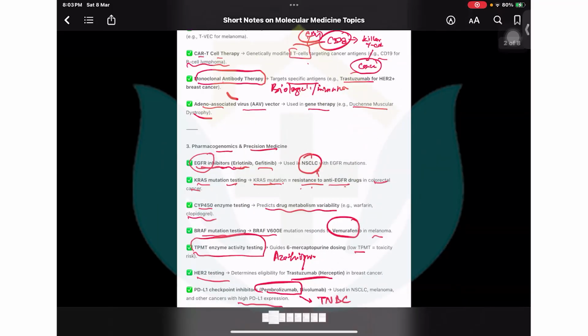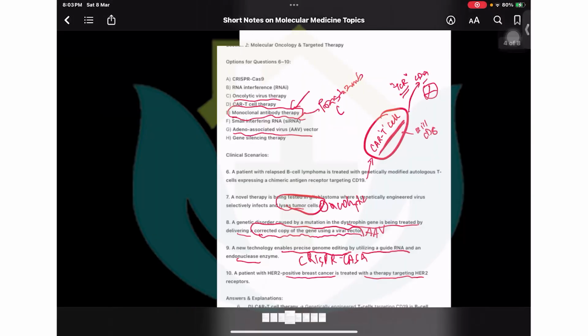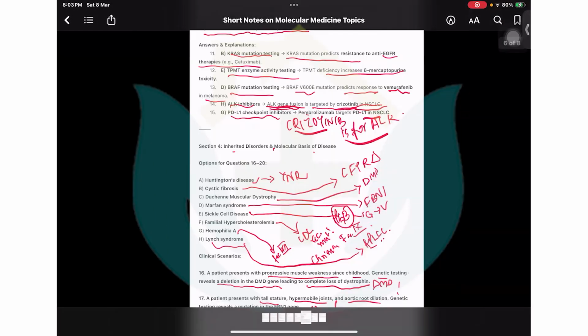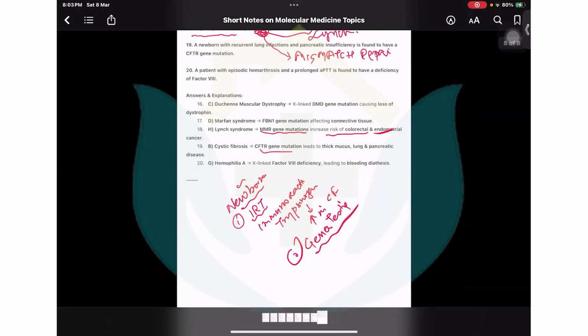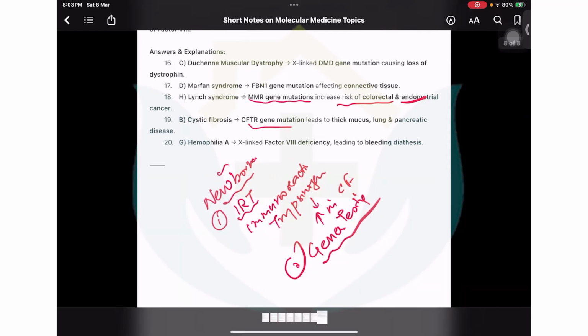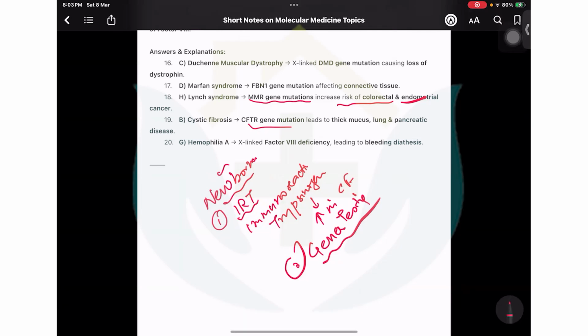Because you can check the genes by northern blot, and if you are going to check for the CFTR protein, then you need to do western blot, but that is a far-fetched idea. But genetic testing is required to make the diagnosis. Okay. If there is somebody who has now grown up and is an adult, then you need to do the sweat chloride test.